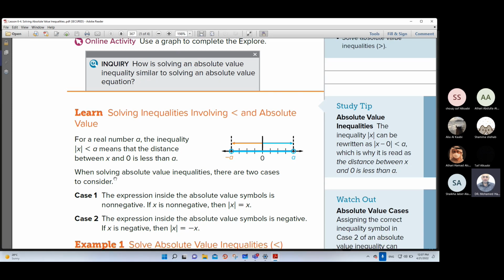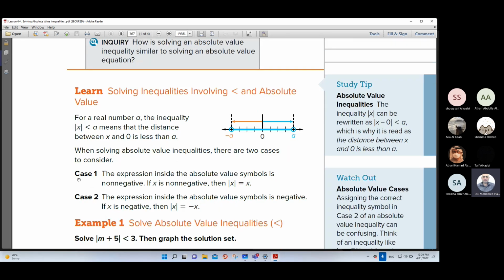When solving absolute value inequalities, there are two cases to consider. Case 1, the expression inside the absolute value symbols is non-negative. Non-negative means positive or 0.